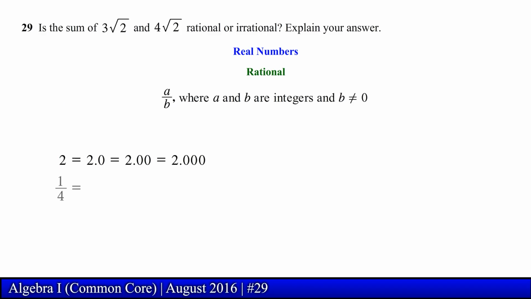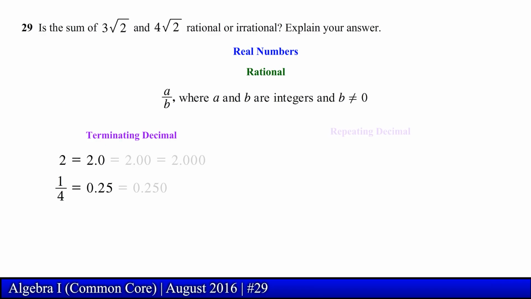The rational number 1/4 can be written in decimal form as 0.25 or 0.250. Or we can continue adding zeros similar to the number 2, but usually we just write it as 0.25. The number 2 and 1/4 are examples of rational numbers that have a decimal representation that terminates.